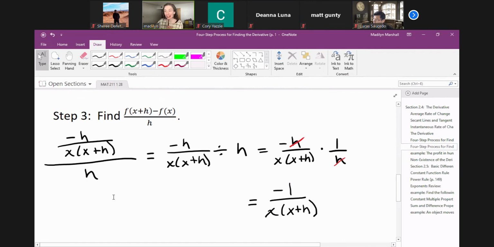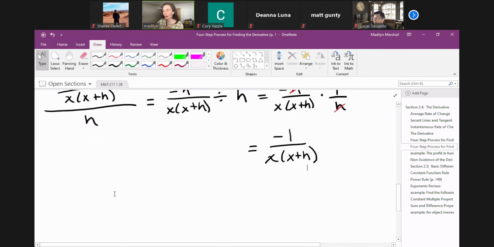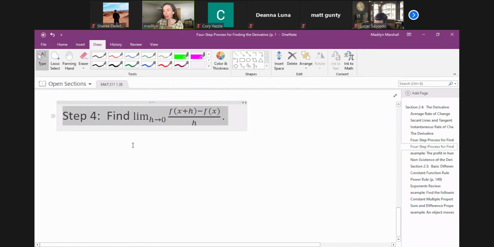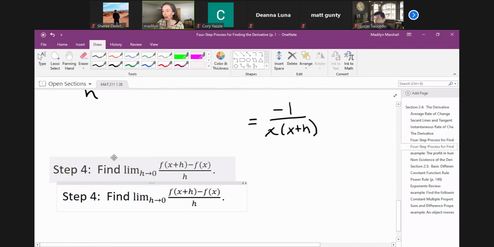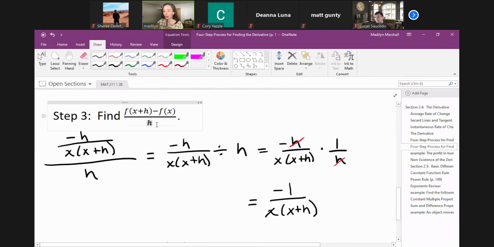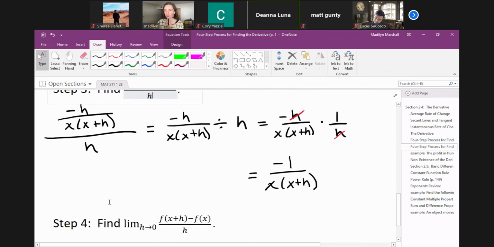And the reason for that is that when we get to step 4, you should be able to take the limit without having something undefined. And so that h that's in the denominator of that step 3 has to cancel in order for us to plug in that 0. So the h's will cancel.